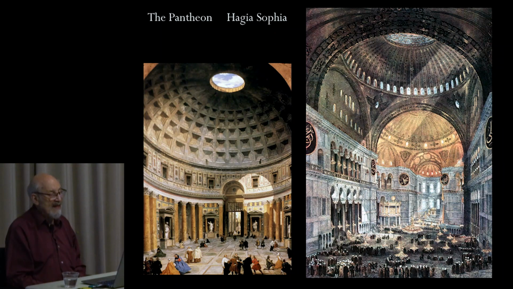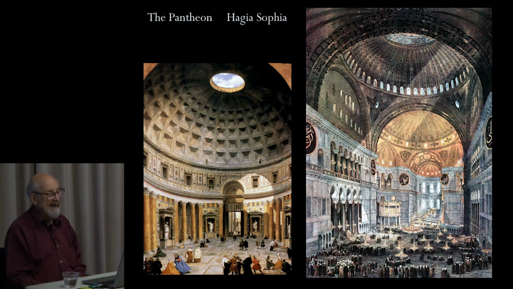Compare the Pantheon with this immensely solid structure with Hagia Sophia on the right. The pendentives carry the weight from the arches to the dome, and while the Pantheon has absolutely no openings in the walls, they're solid.